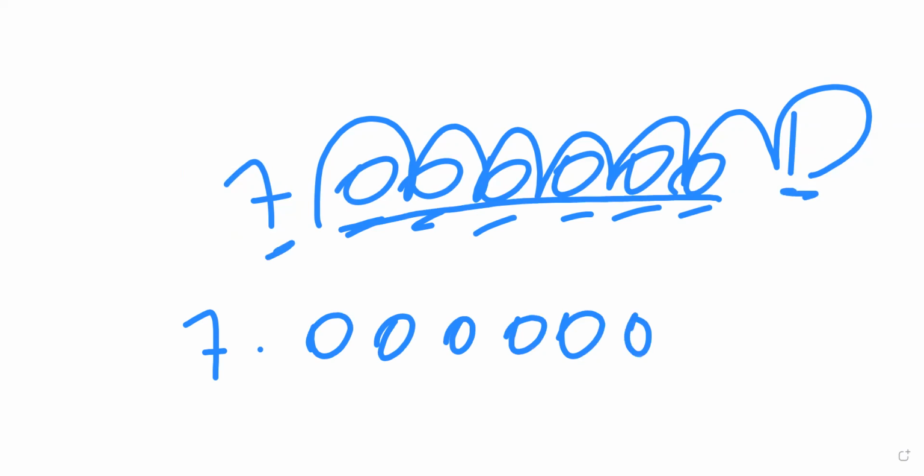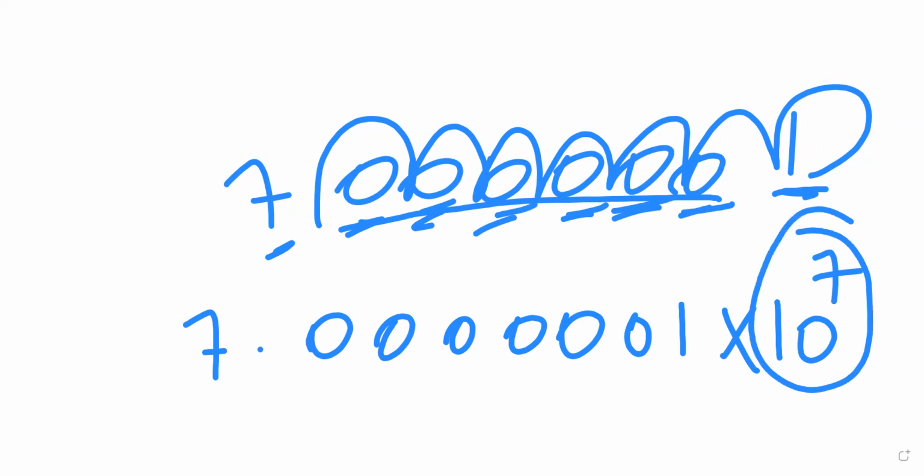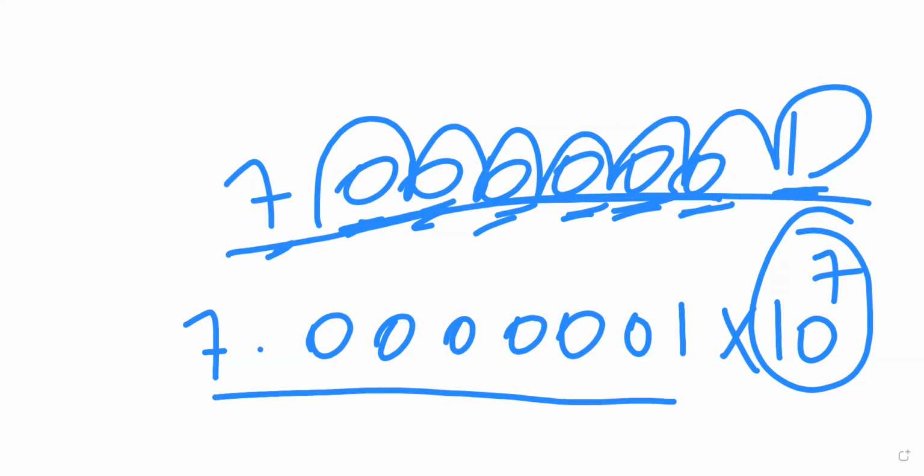So all these zeros must be included, and we put that right there. And we ask, how many places did we move? We moved 1, 2, 3, 4, 5, 6, 7, so raised to the 7th power. And if I were to convert this and multiply everything out, I would get back the same number. Let's do another one.